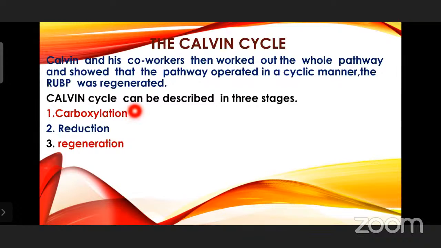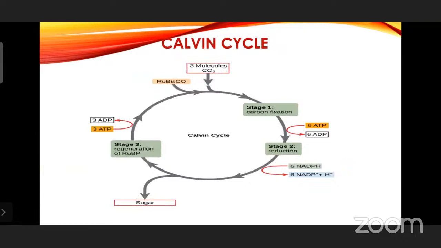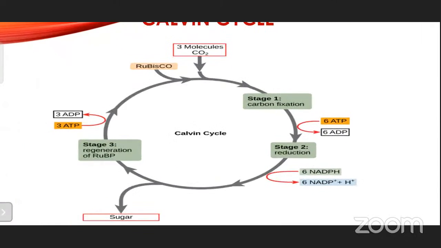First stage, carbon dioxide combining with RUBP. Second stage, utilization of ATP and NADPH for converting that PGA to the aldehyde. And the third stage is the regeneration of RUBP. So this cycle is already given in your textbook, but here some change is there.